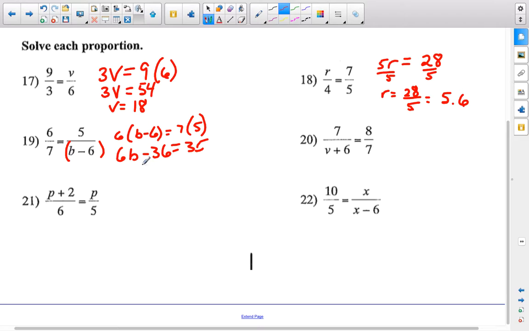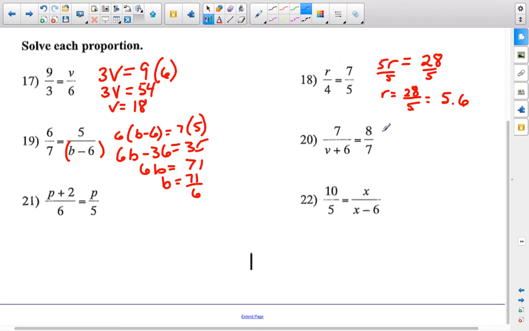Add 36 to both sides, and 6b is going to equal a positive 71. So b would equal 71 divided by 6 when I divide both sides by 6. Okay, that's all I think I can do there.